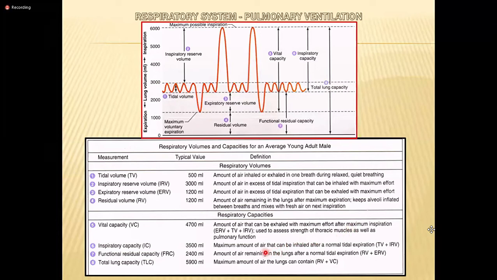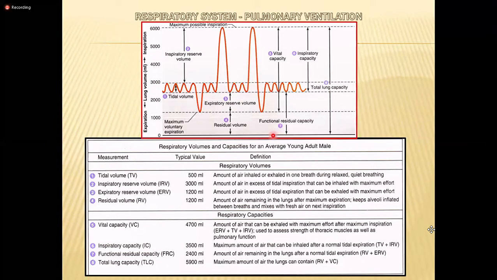So, expiratory reserve volume plus your tidal volume plus your inspiratory reserve volume. So this is your vital capacity. Okay, this is used to assess the strength of thoracic muscles as well as your pulmonary function.